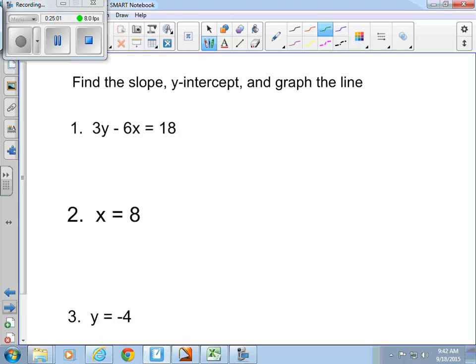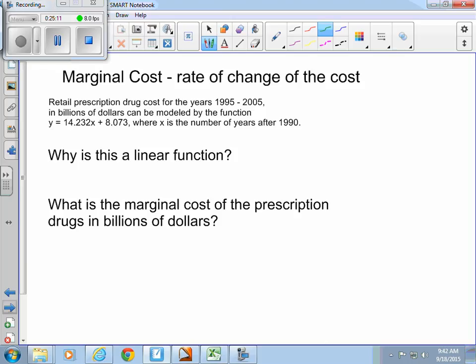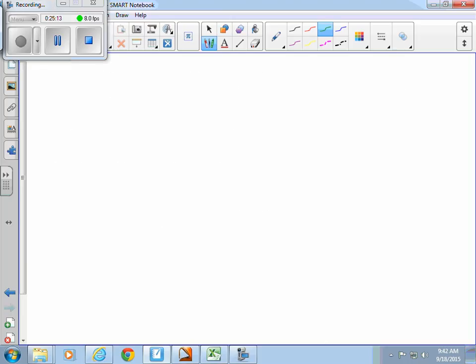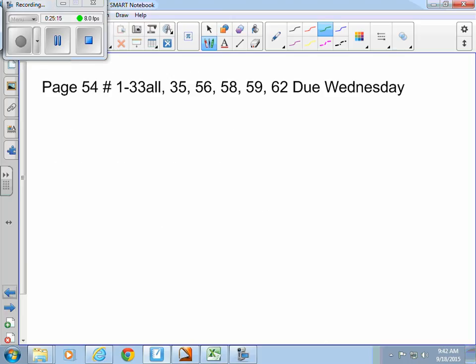This is something we've actually already done, but we're going to revisit it anyway, finding x and y intercepts and graphing. We may not have time today. But let me give you your homework. We have about 3 more slides, so you can see there are things we haven't done yet. So is it okay if there are a couple problems with your homework that you can't do yet? Is that okay? Yes.